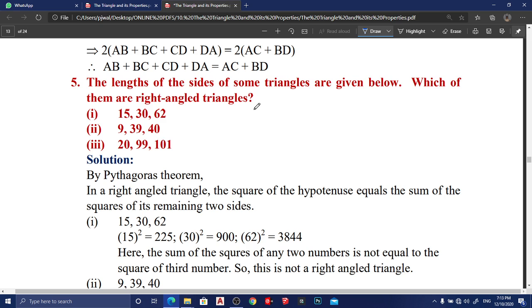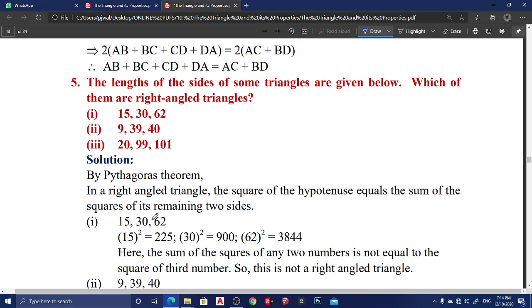Here you are using the converse of the Pythagorean theorem. What is the converse of the Pythagorean theorem? If the square of the hypotenuse is equal to the sum of the squares of the other 2 sides, then the given 3 sides belong to a right angle triangle. That's what you have to prove.